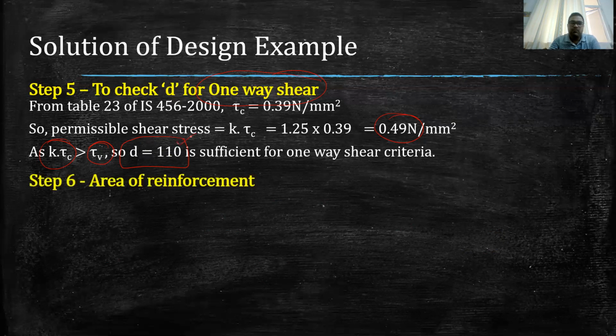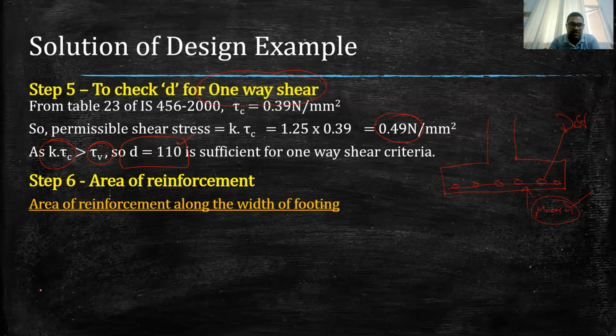So now we can move to the next step, in which we are now going to calculate the area of reinforcement. So as I said, in the wall footing, the reinforcement provided along the width will be the main reinforcement or the bottom reinforcement, and above this reinforcement, these are the distribution reinforcement. So first we will find out the main reinforcement using the relation of AST.